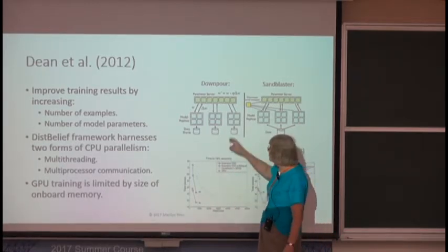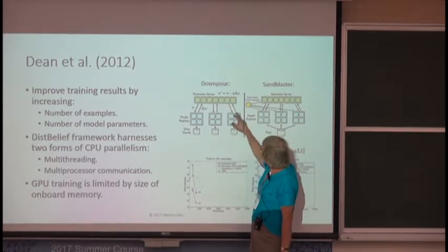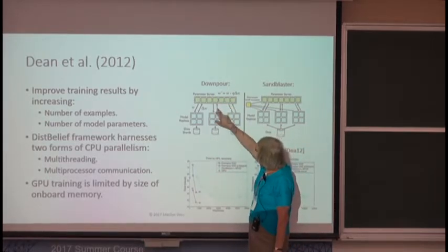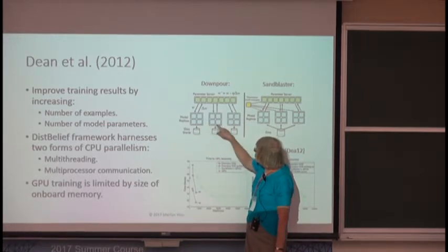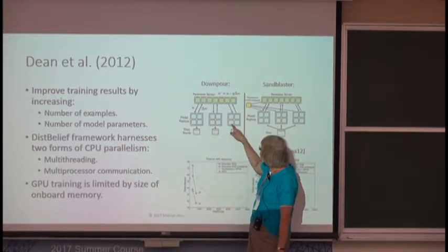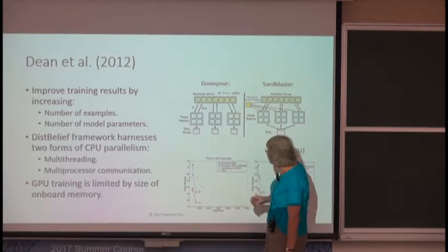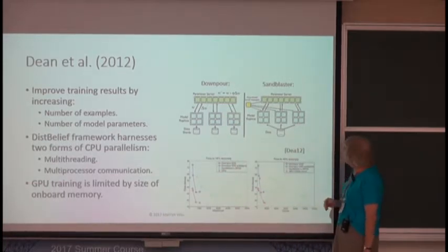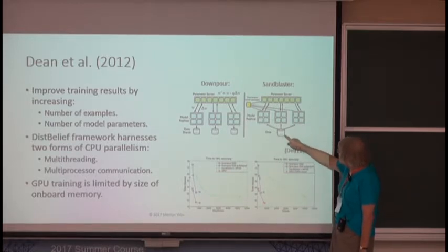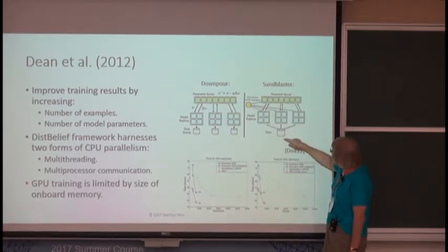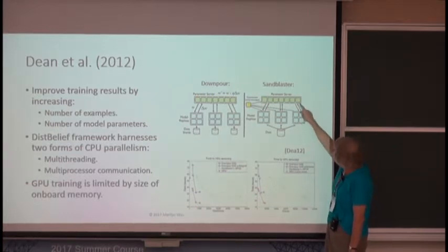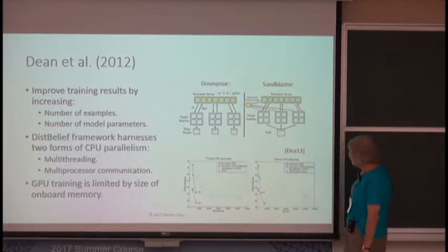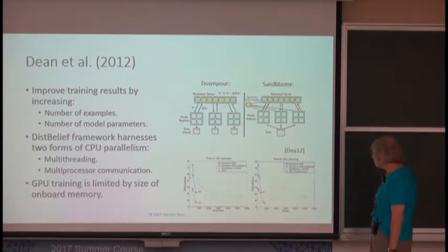Different versions, and then they have a sort of centralized resource that pools together the results from the individual replicas and updates everybody's weights. In this other model, they take the same data, send it out to a bunch of different units, and then have the coordination step.